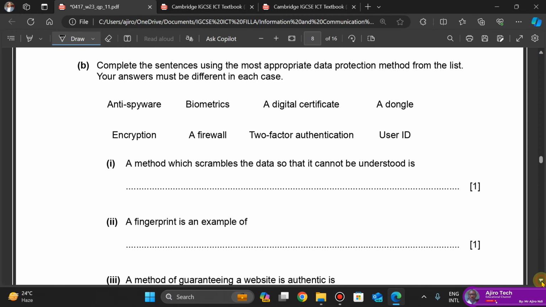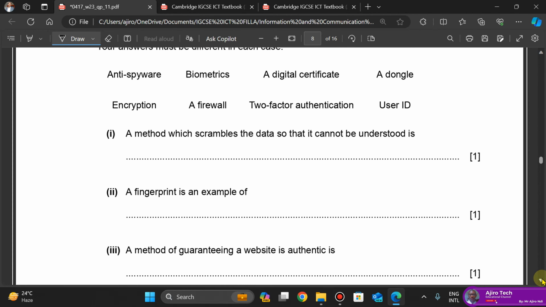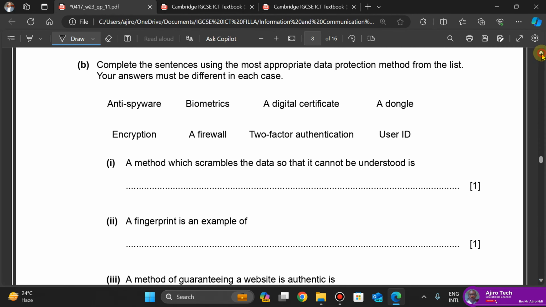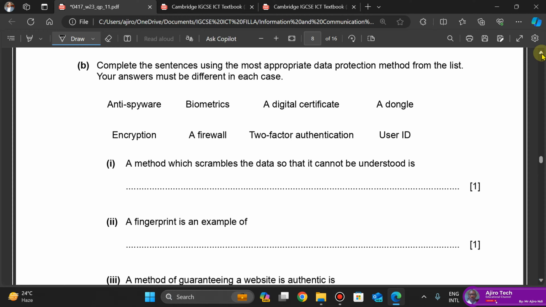Complete the sentence using the most appropriate data protection method from the list. Your answer must be different in each case. So let's do this. This is also chapter 8. A method which scrambles the data so that it cannot be understood is encryption.